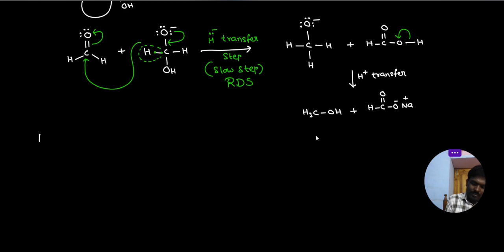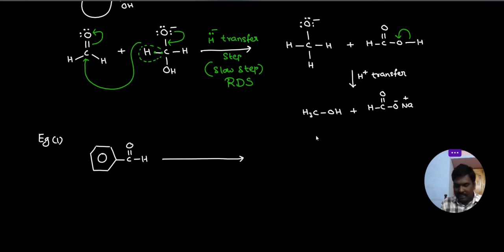Example. Benzaldehyde. How many carbons are there? 7 carbons are there. Concentrated NaOH.